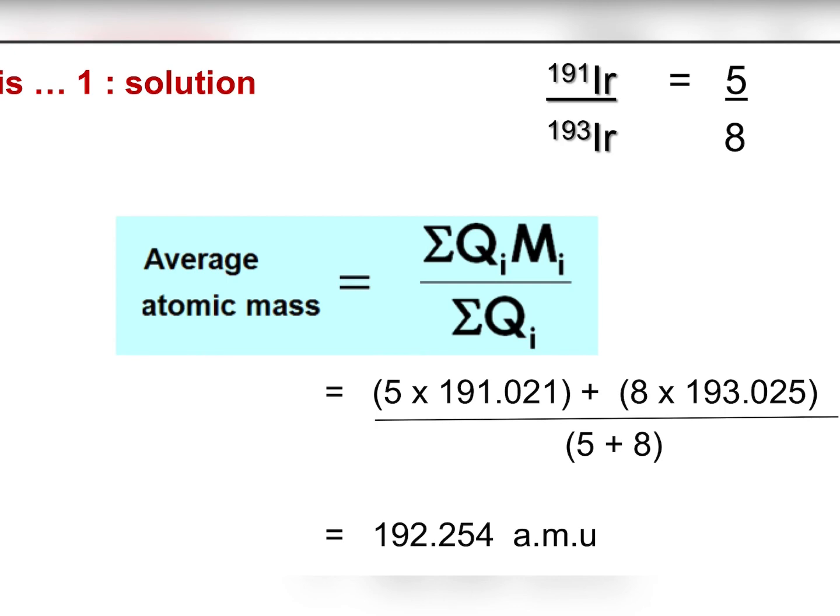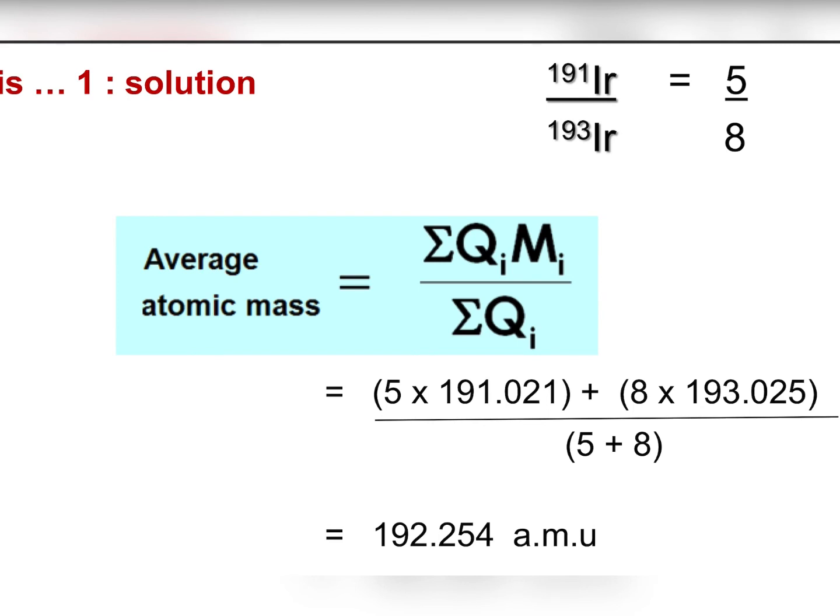So 5 times 191.021, this is for iridium 191, and plus 8 times 193.025, and divided by the sum of Ki, 5 plus 8.